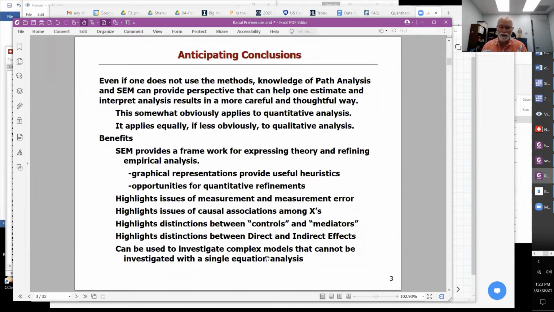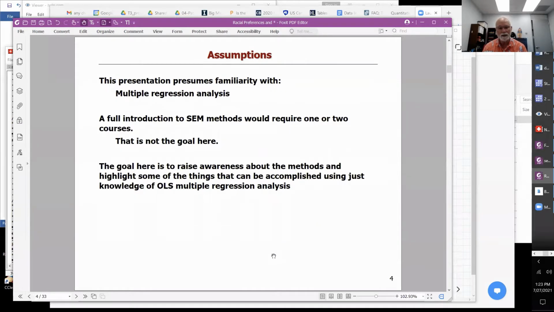Single equation analysis is definitely easier, and if it's framed properly, it's all to the good. But sometimes single equation analysis is not enough. So when it's not enough, one of the possibilities you can turn to is the structural equation modeling perspective.